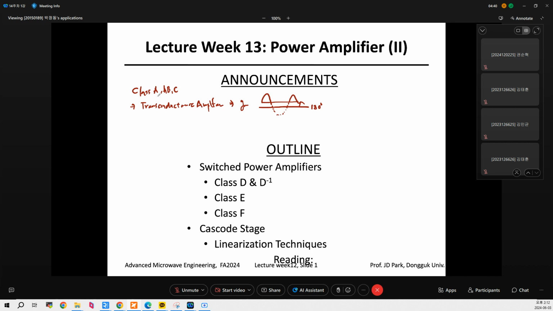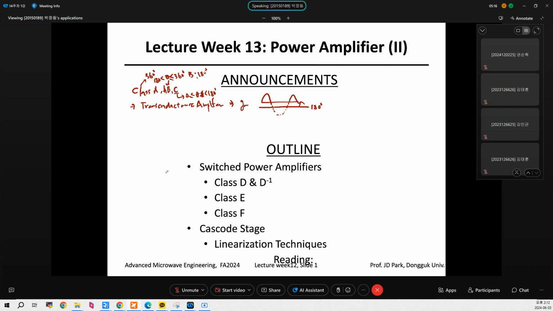So this has 360 degrees, and this is between 180 and 360, and class B is 180, and class C is between 0 to, theoretically it can be 0, 0 to 180, less than 180 degrees.